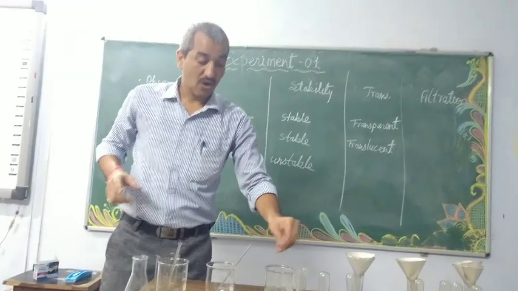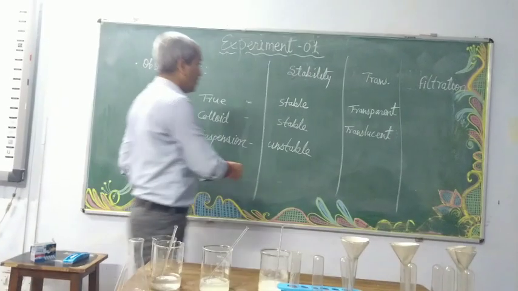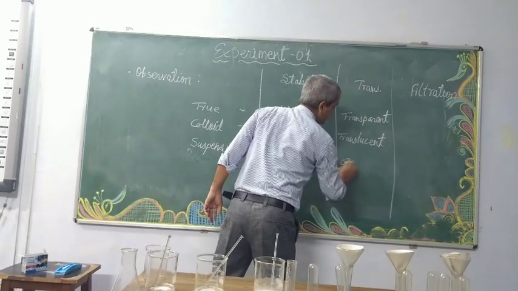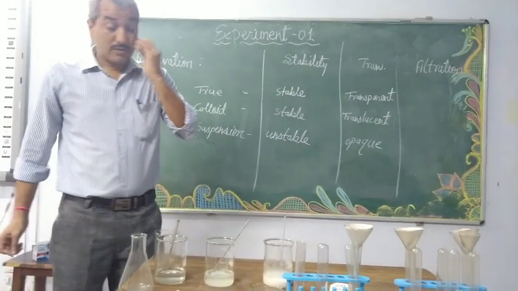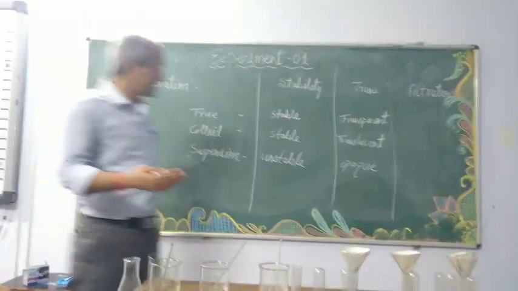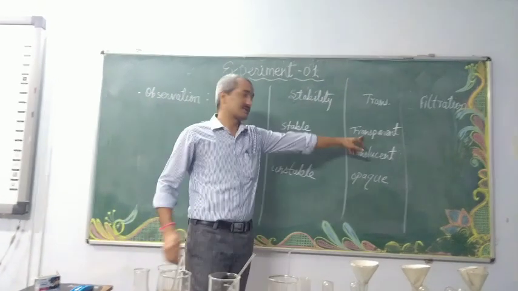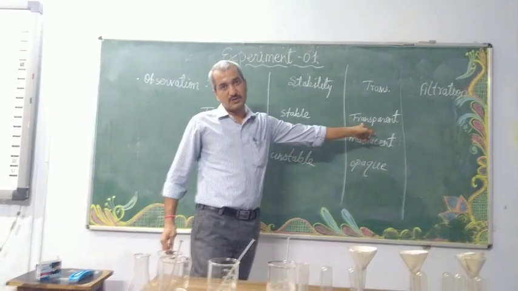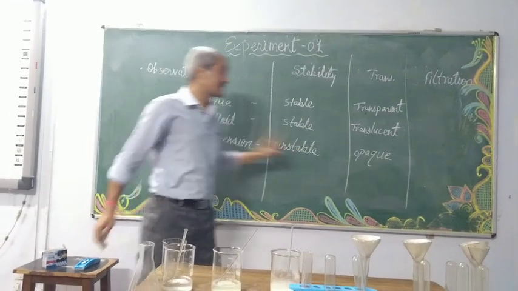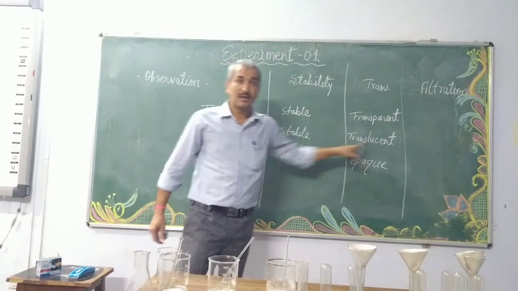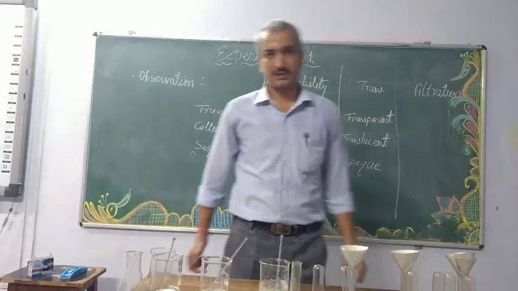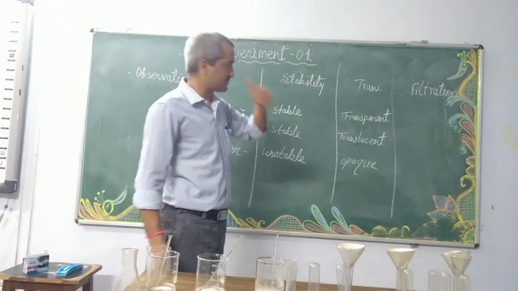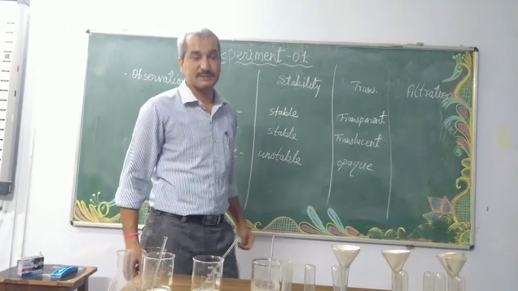Yes, opaque. It is opaque. So you observe that true solutions are transparent, colloids are translucent, and suspensions are opaque in nature. So this is all about the transparency of these mixtures.